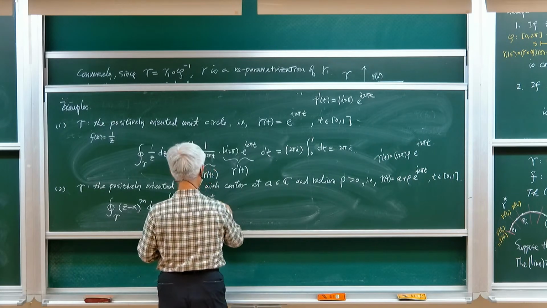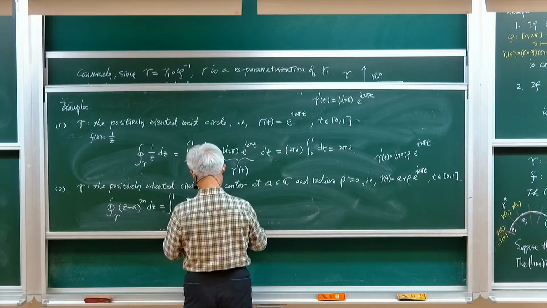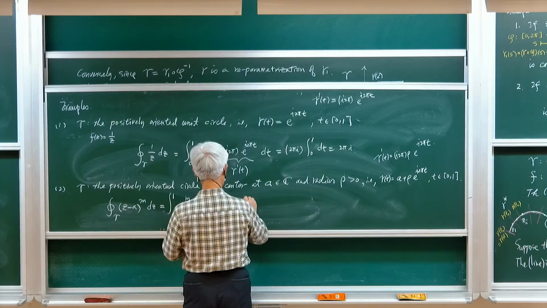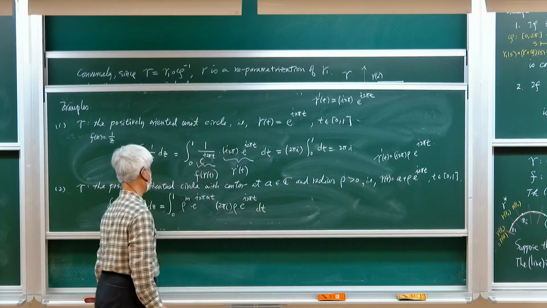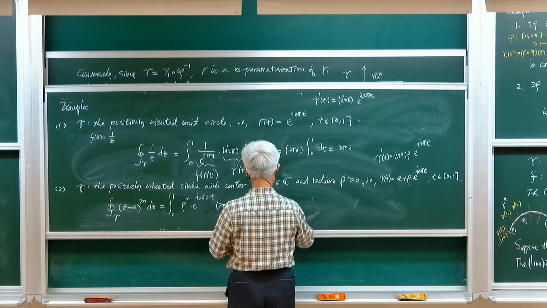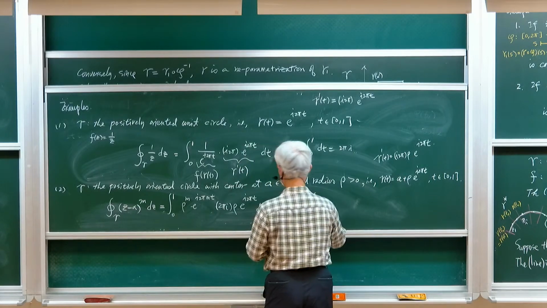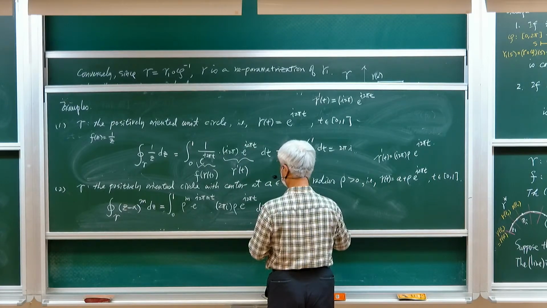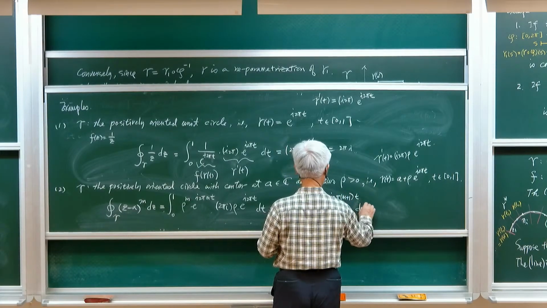So we have 2 pi i and rho to the m plus 1's power, integral from 0 to 1 of e^(i 2 pi (m plus 1) t) dt.